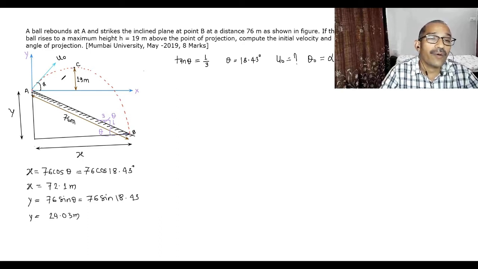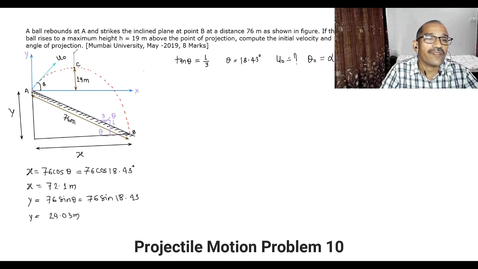The maximum height. Now at point C, where the projectile attains maximum height, we know the condition: whenever a projectile attains maximum height, the vertical component of velocity becomes 0.